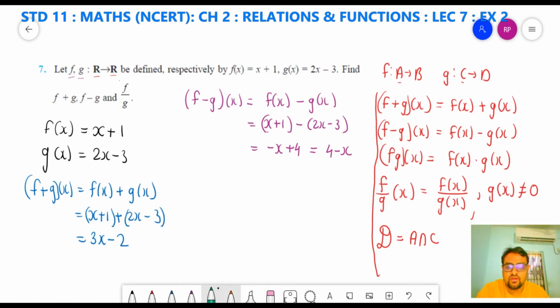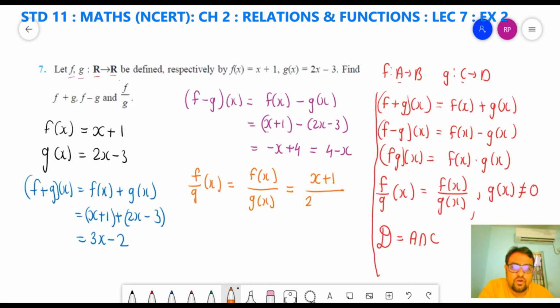And the third one, that is f by g. This will be equal to f(x) upon g(x). So this will be x plus 1 upon 2x minus 3.